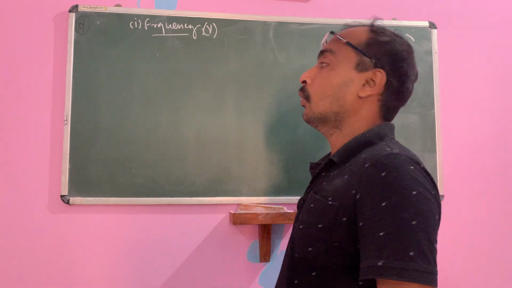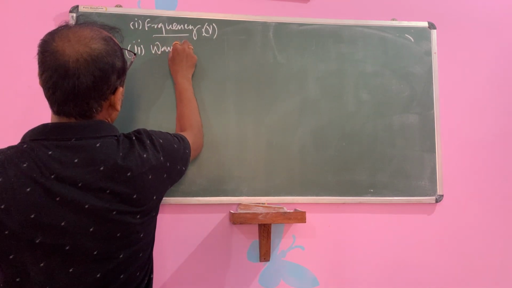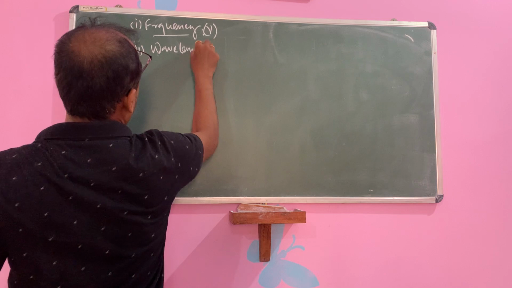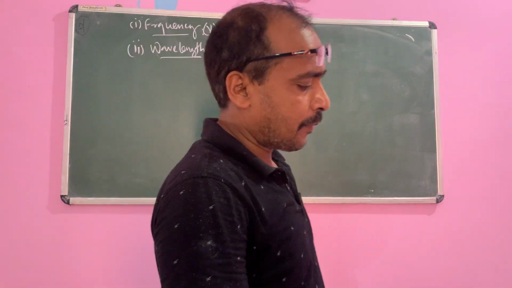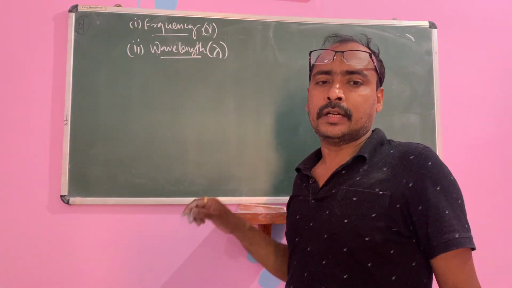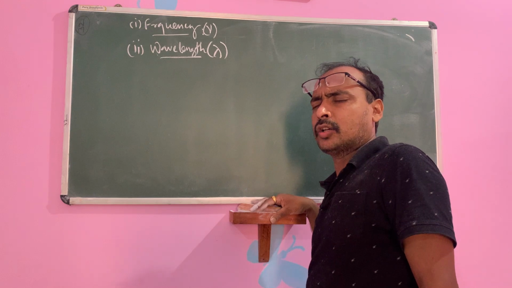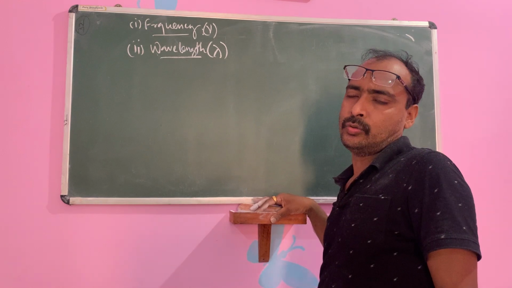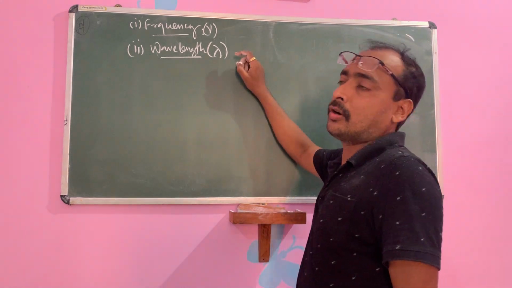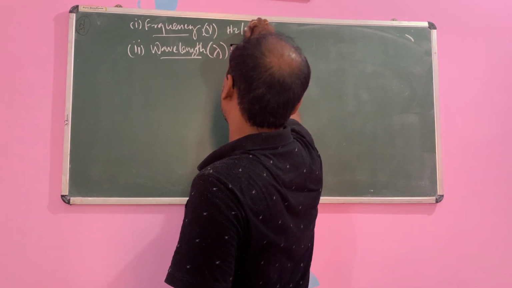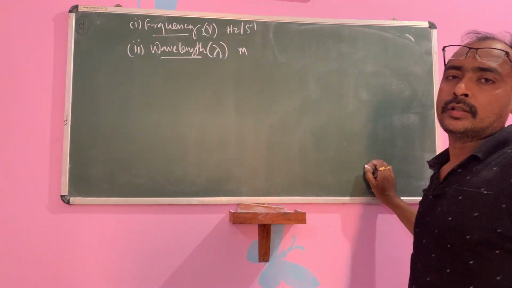Then wavelength. Wavelength, that is your lambda. Okay, children, lambda is the symbol of the wavelength. That is the distance between two adjacent crests or troughs. Its unit is meter, and the unit of frequency is hertz or second inverse.